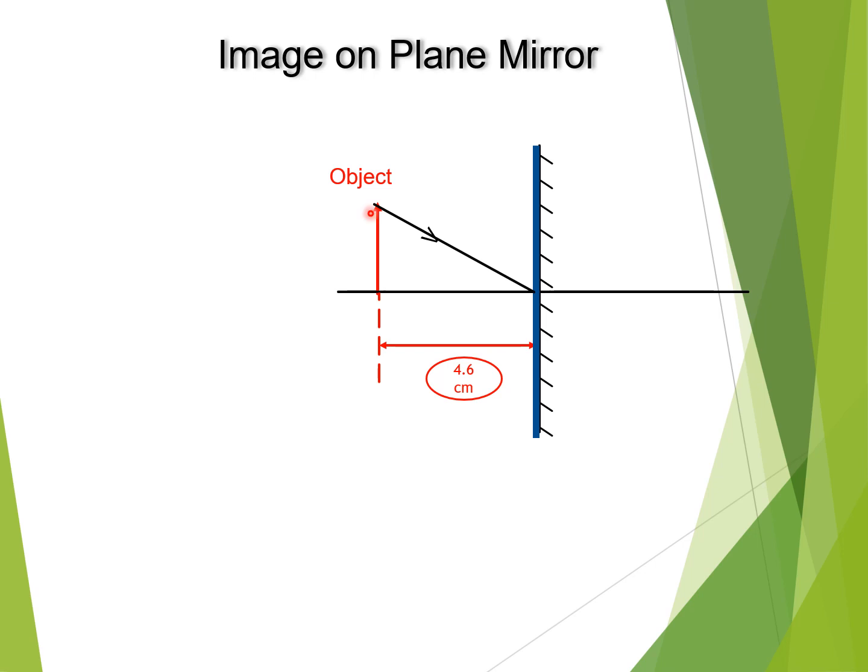An incident ray shall be falling from the object on this point of the mirror. Say this is the incident ray. From the same point, there will be a reflected ray. This is the reflected ray. Now, if you draw a perpendicular from the point where the incident ray has struck, it shall follow the axis.